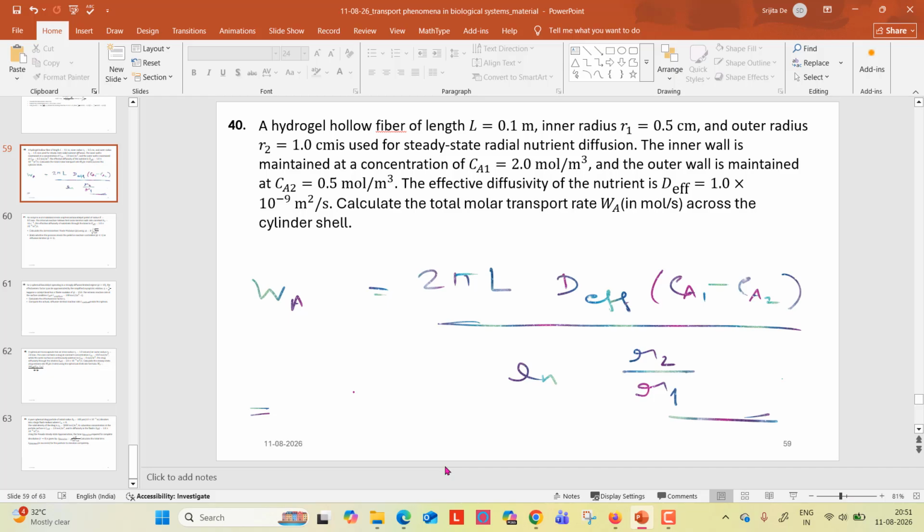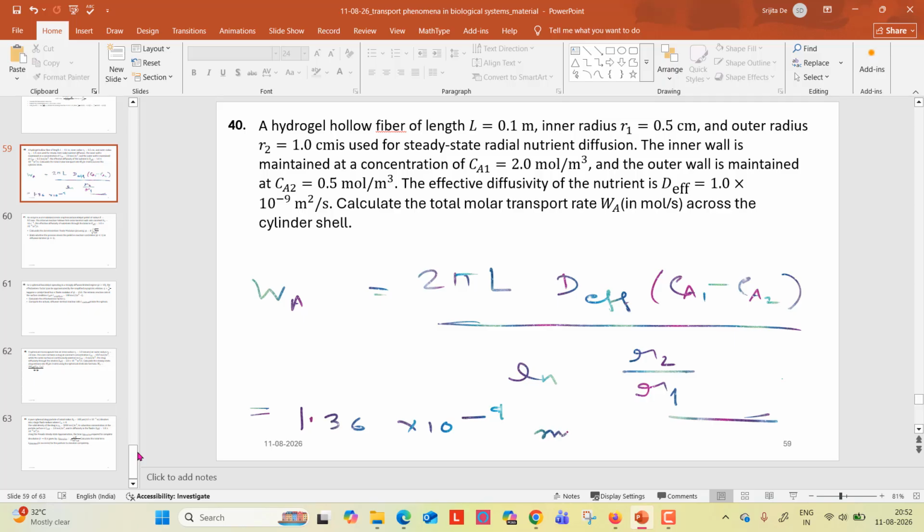D effective is 1 into 10 to the power minus 9, and Ca1 minus Ca2, that is 2 minus 0.5, divided by 0.693. So it is coming as 1.36 into 10 to the power minus 9 mole per second.